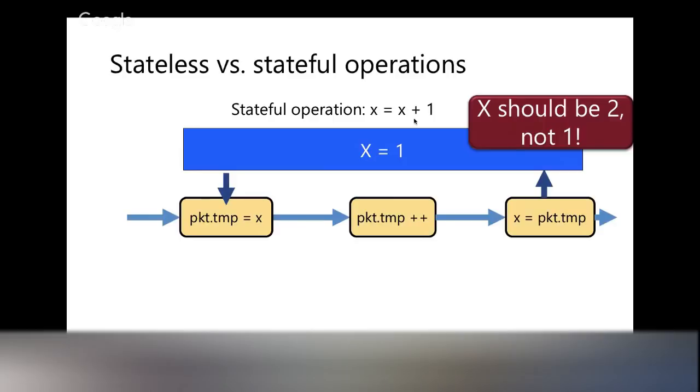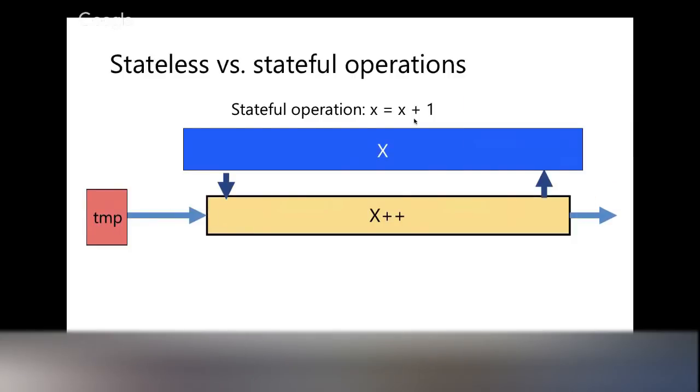should be 2. So the problem with this is you're taking the stateful operation and you're trying to pipeline it into a sequence of stateful atomic instructions, and that doesn't quite work. Instead, you need to provide an atomic instruction that implements X++ so that the next packet arriving at that atom sees the updated value of state.